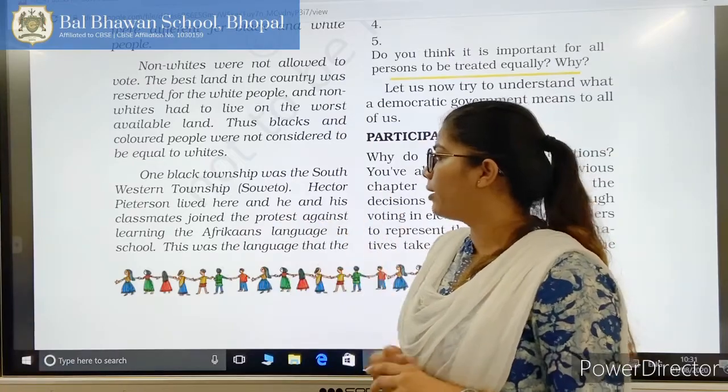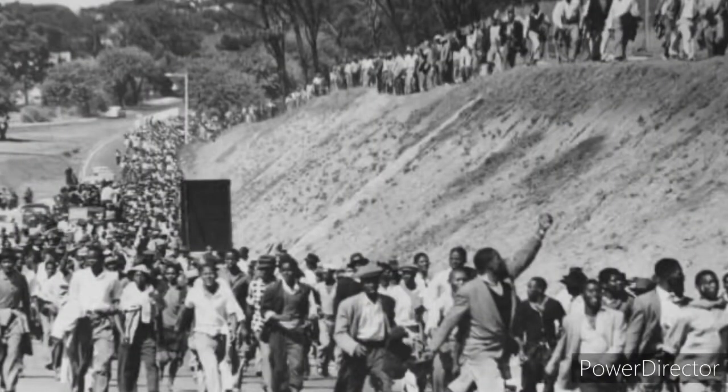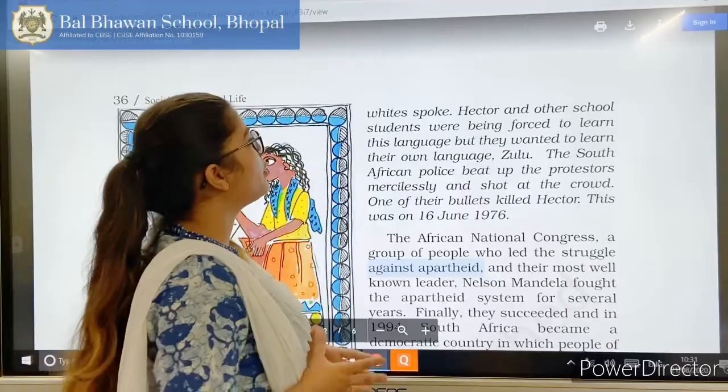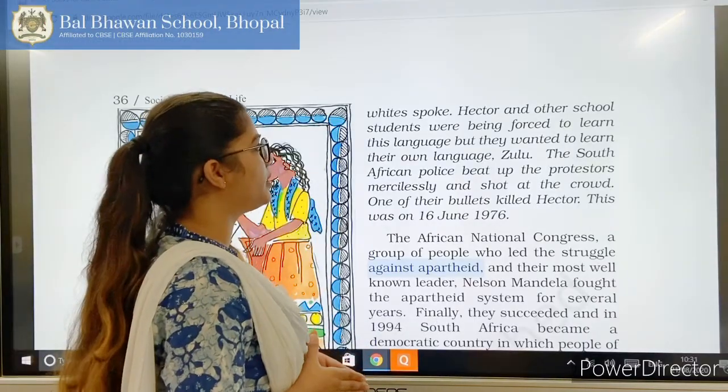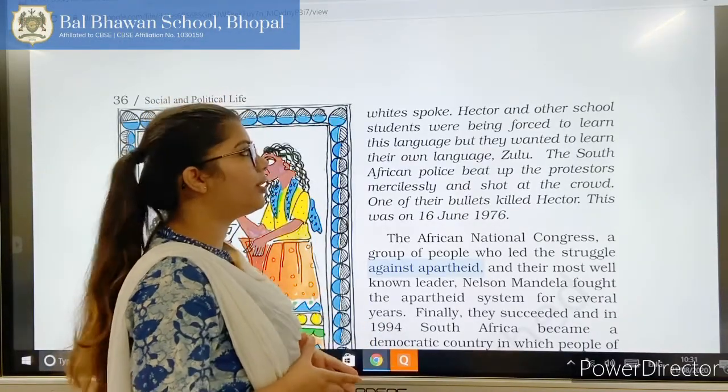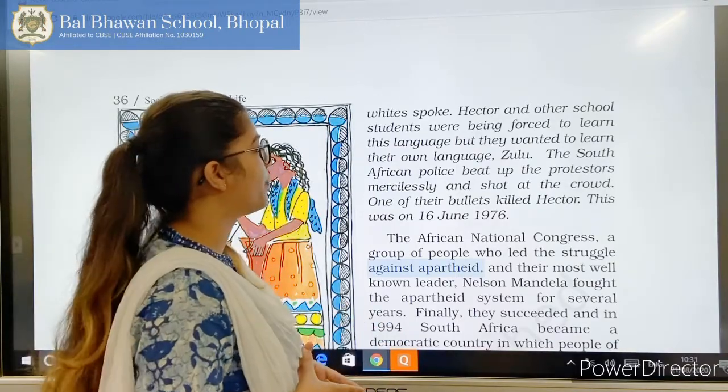This young boy joined the protest with his classmates. This protest was basically about the fact that they did not want to learn the language Afrikaans which was being spoken by the whites. They wanted to speak their own language, which was Zulu. Hector and other school students were being forced to learn this language, but they wanted to learn their own language, as I have already discussed.